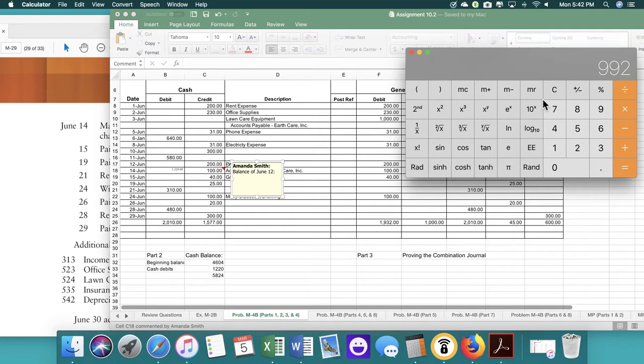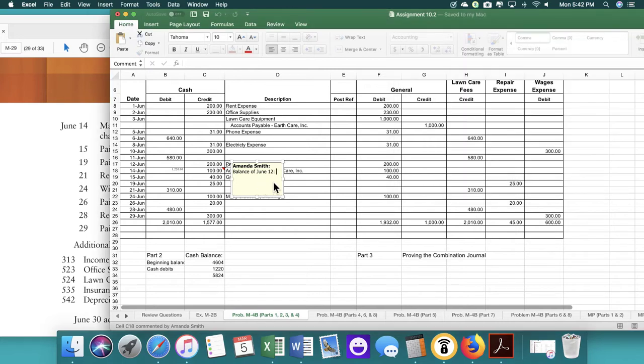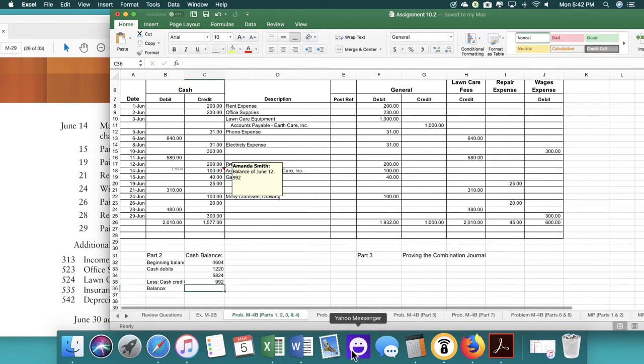There we go. So that's 992. So then we're going to put less cash credits of 992, and that will give us our balance.